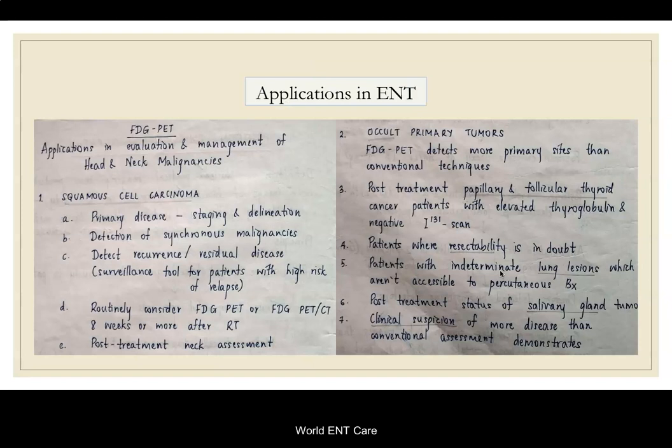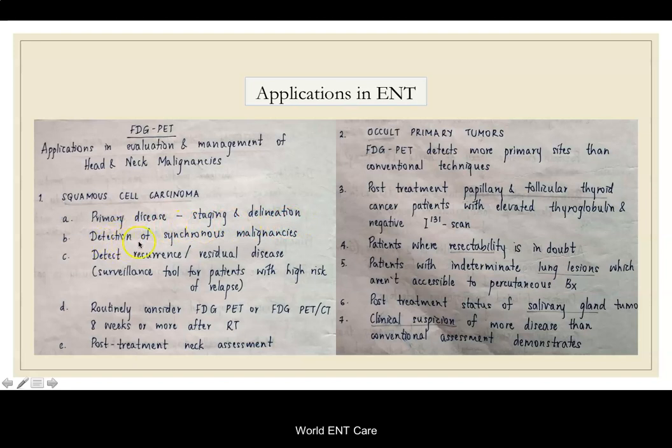Now when we move to the applications of PET scan in ENT, we are usually discussing the FDG PET, fluorodeoxyglucose PET. We will see what FDG is about. So the applications are mainly in evaluation and management of head and neck malignancies. First, squamous cell carcinoma. PET scan is used in primary disease for staging and delineation.